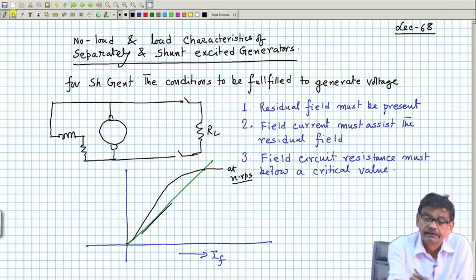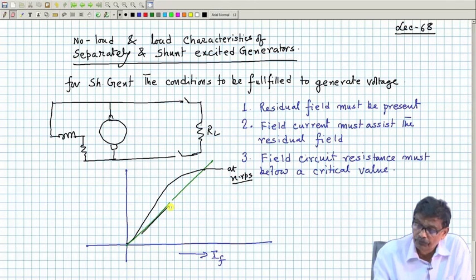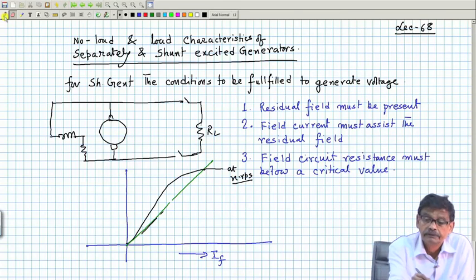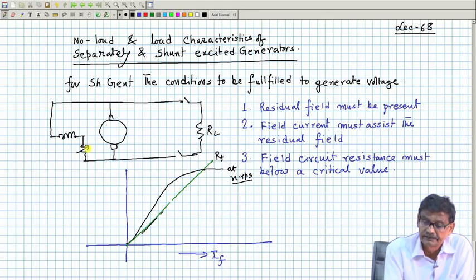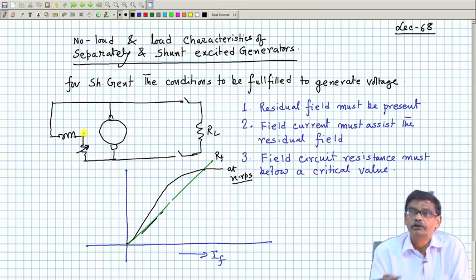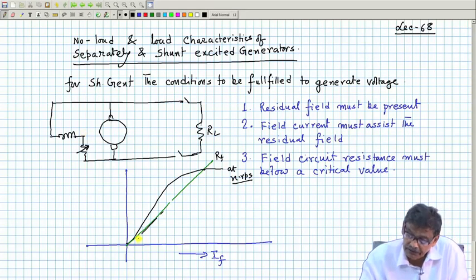That is fine. Now, suppose this field circuit resistance RF line is increased, and I go on increasing it, then what will happen?